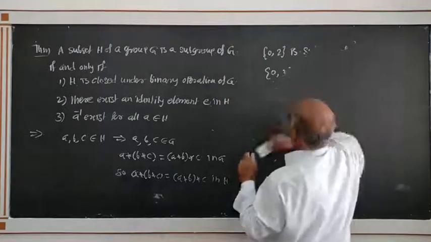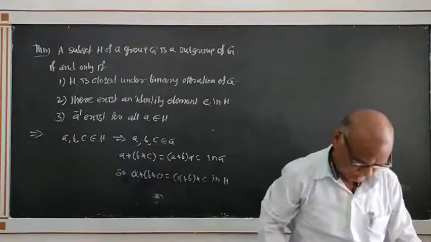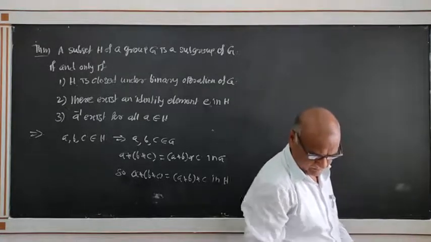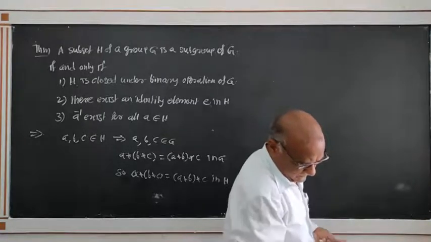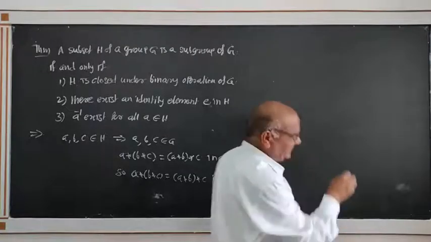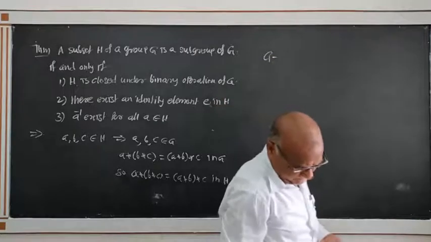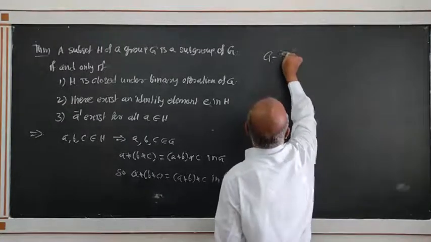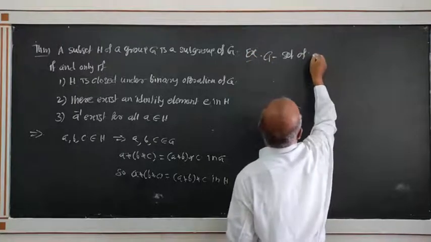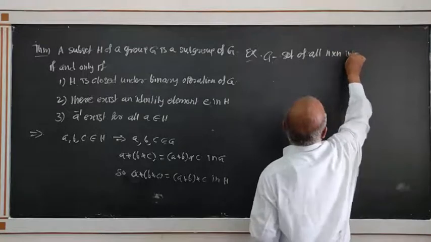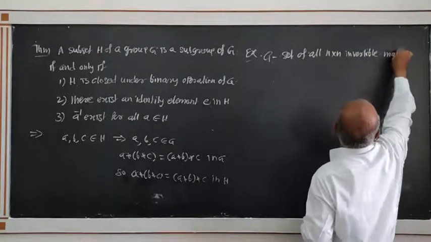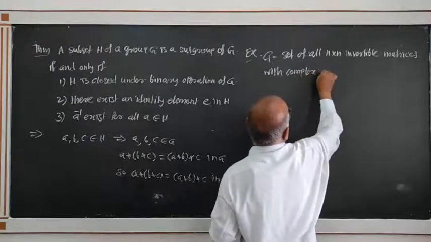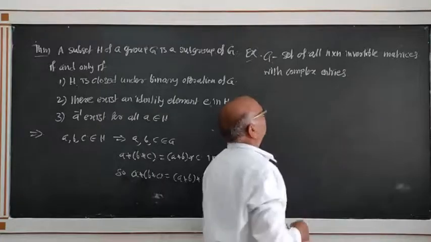Now, an example. G is the set of all invertible n cross n matrices with complex entries.